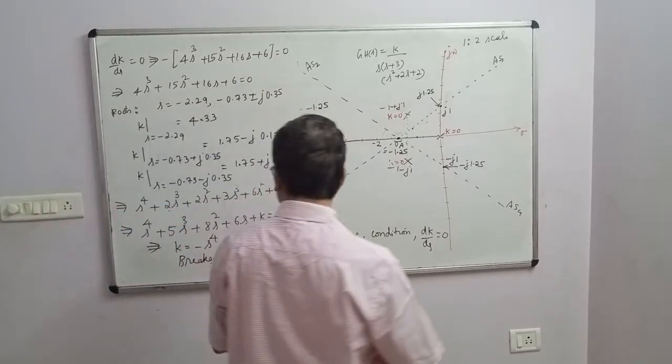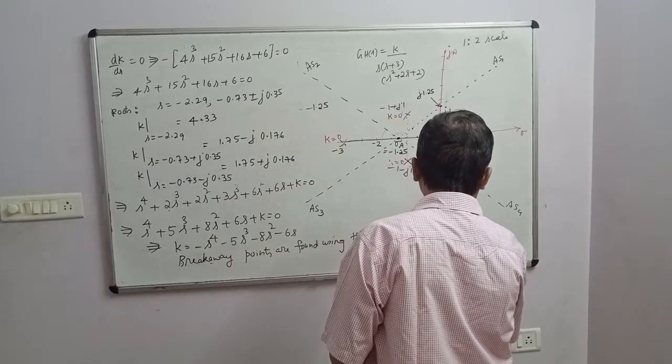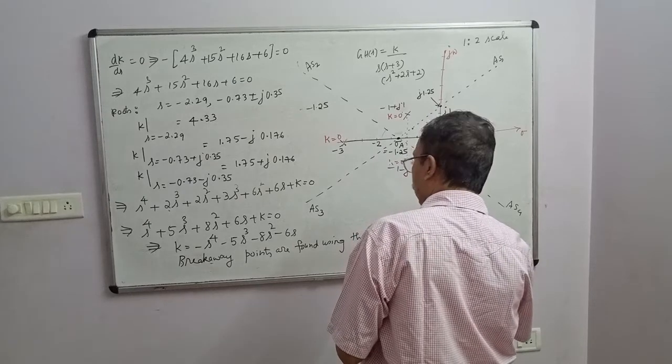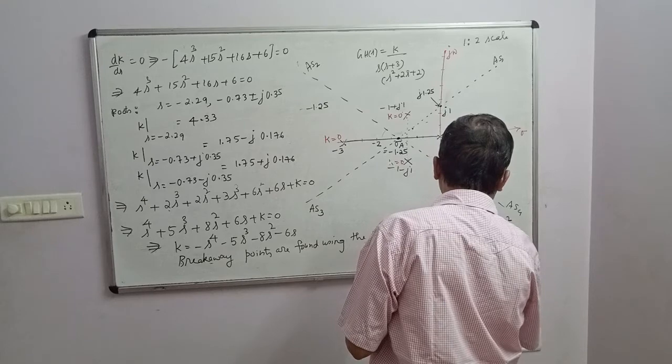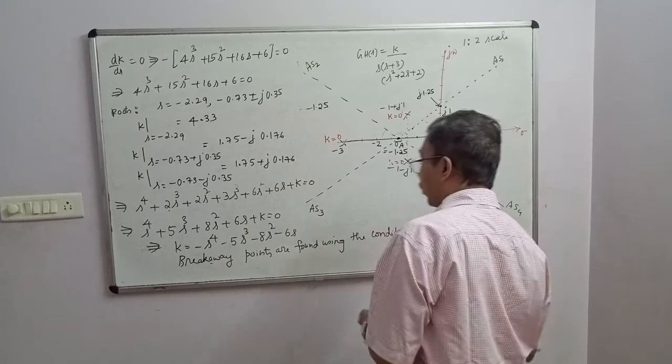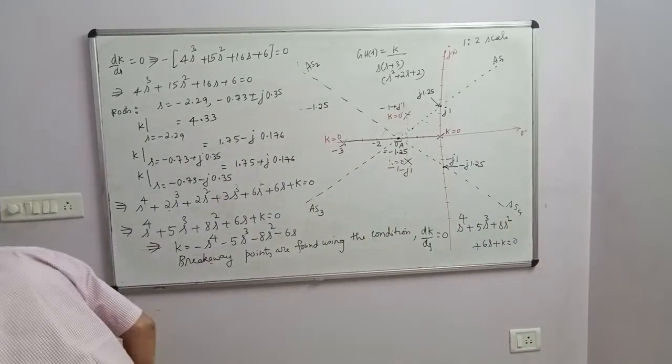The characteristic equation, I'll write it here and keep it for my reference. S to the power 4 plus 5s cube plus 8s square plus 6s plus k equal to 0 is the characteristic equation.